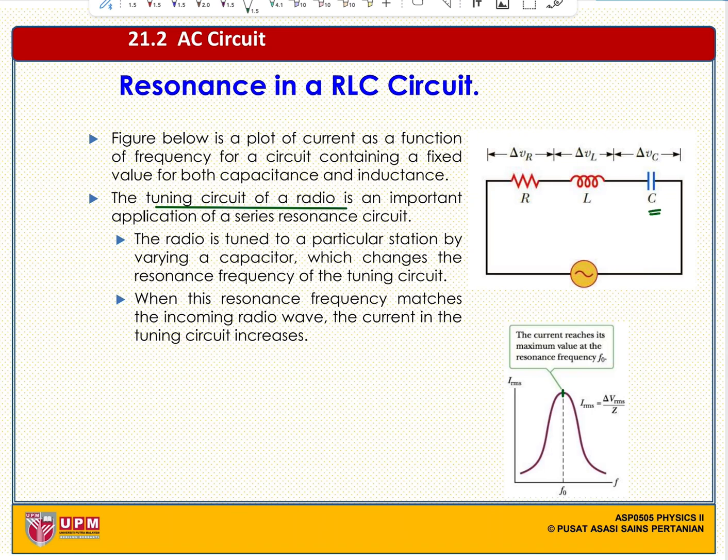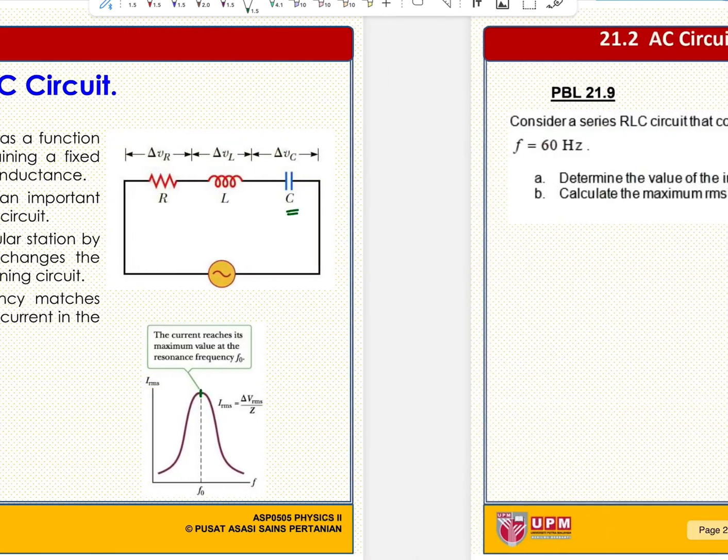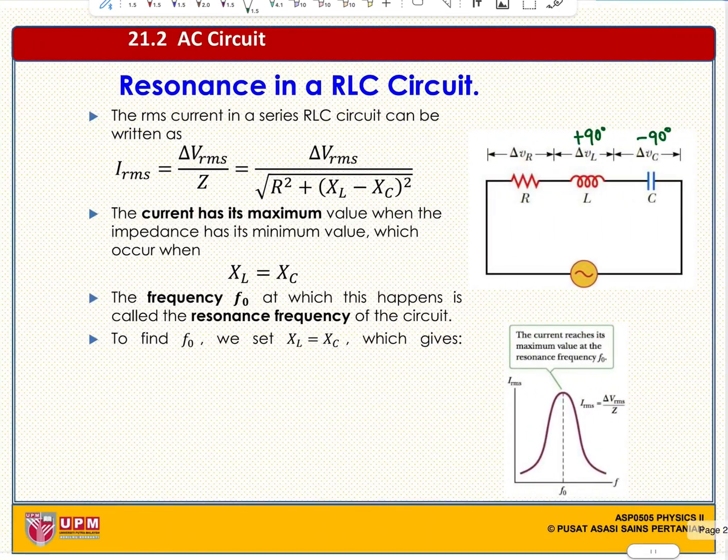Apabila frekuensi tu sama dengan incoming frequency of radio, current tu akan jadi maksimum. Bila current maksimum, kita pun dengarlah radio tu. Kita pun dengarlah dia punya lagu. Kalau tak, kita akan dengar dia secara sama-sama. So what happen here is, you have XL equal to XC.